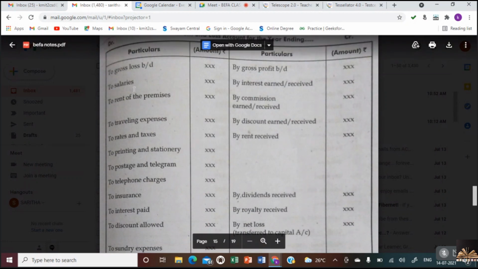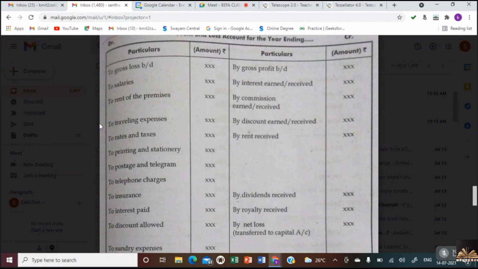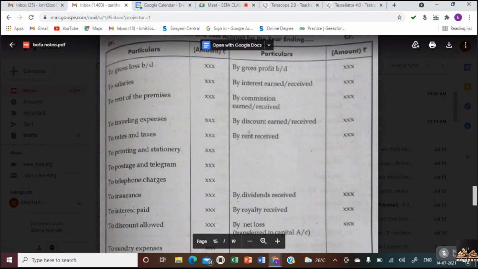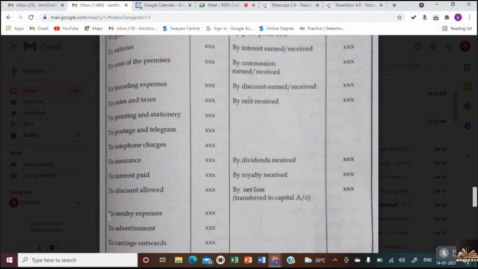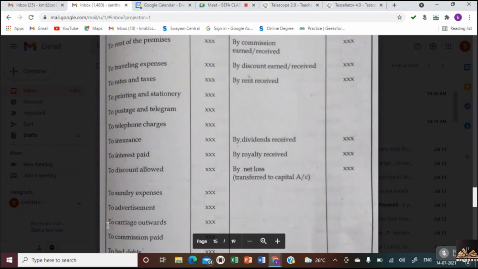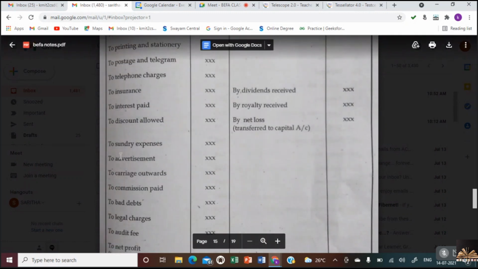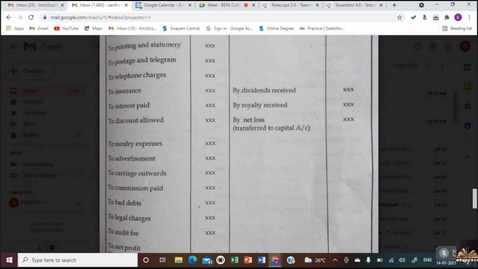So here: salaries, rent, traveling, rates and taxes, printing and stationery, telephone and telegraph, insurance, interest paid, discount allowed, sundry expenses, sundry and miscellaneous. Okay, discount allowed, advertising. Now carriage outwards. Carriage outwards is nothing but when we finish our products, we send them outside, isn't it?